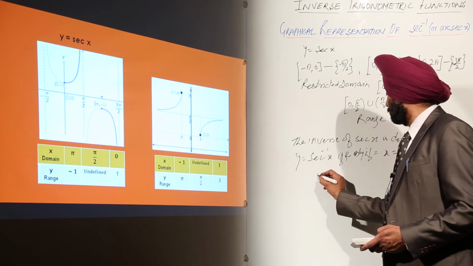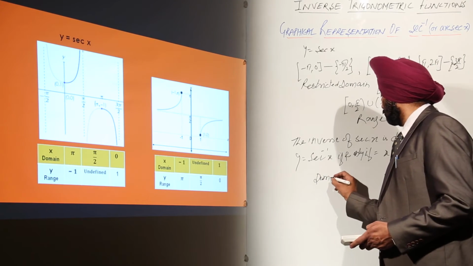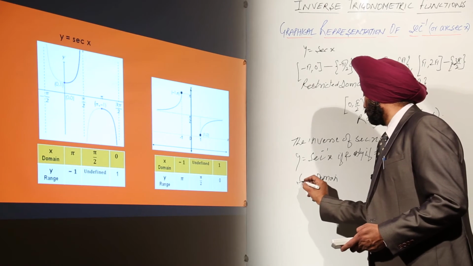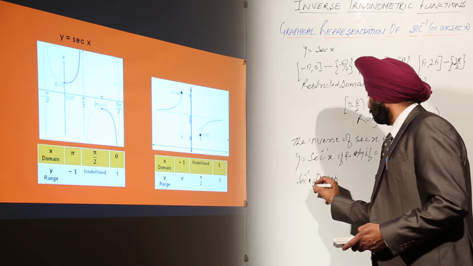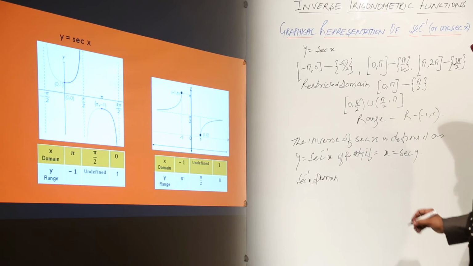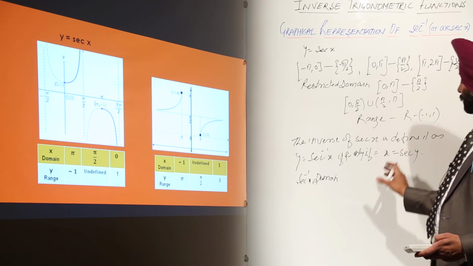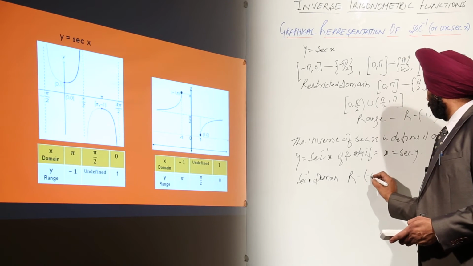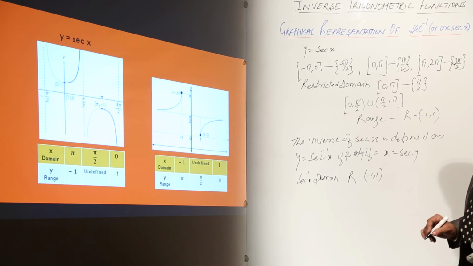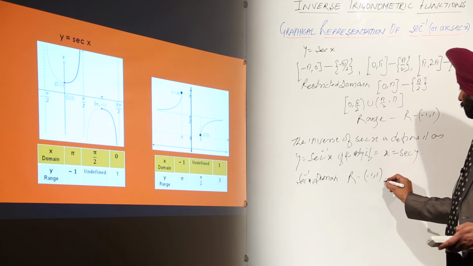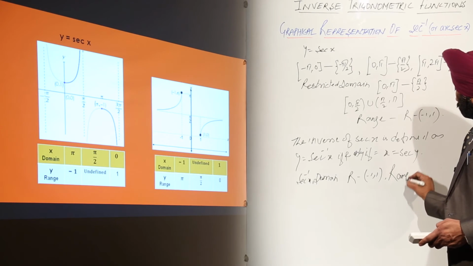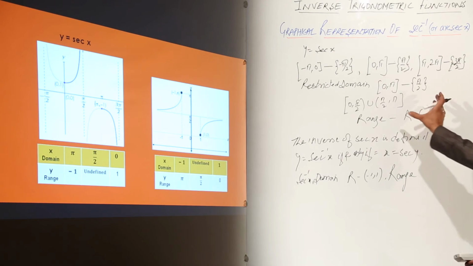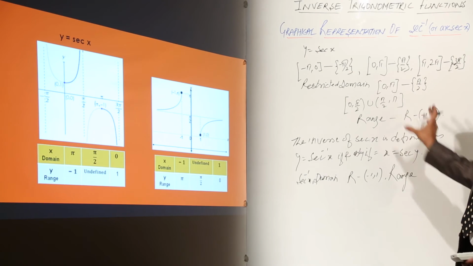Now what are the domains? The domain for secant inverse x is the range of secant x, that is, all real numbers except the open interval minus 1 to 1. And what is the range?